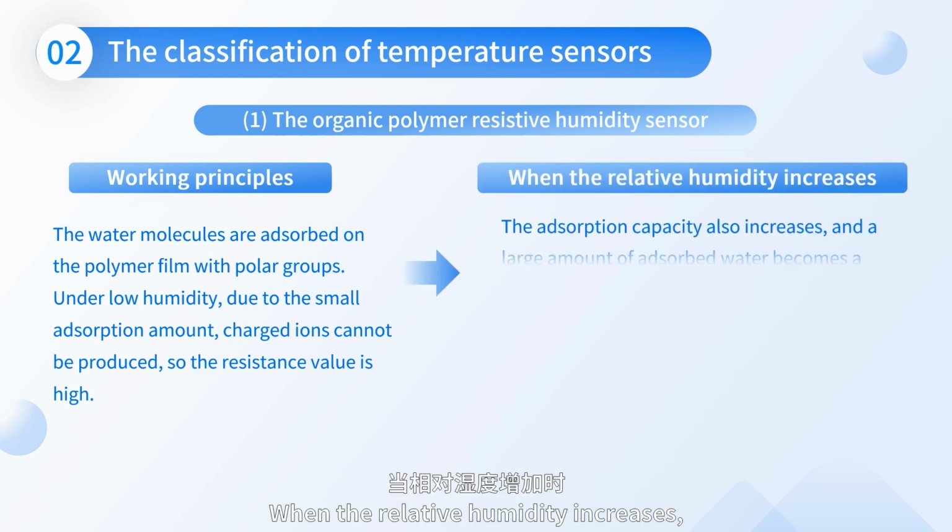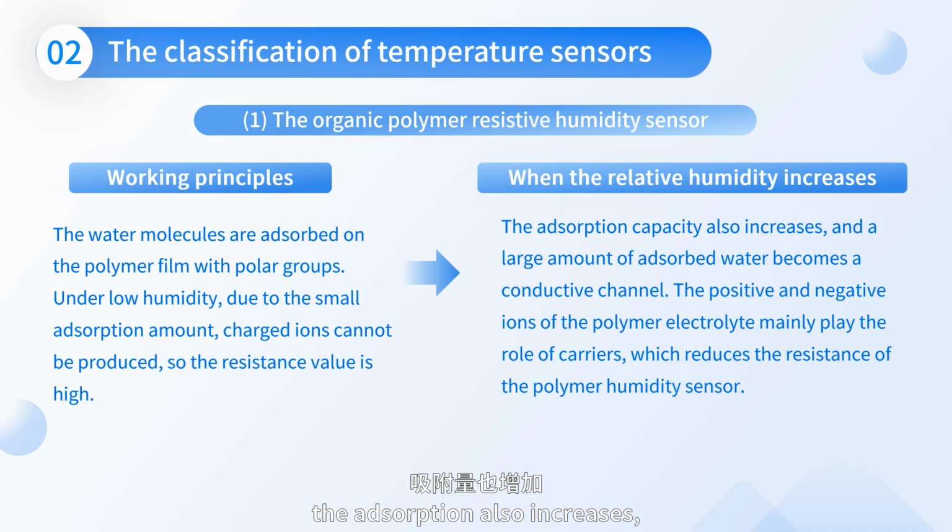When the relative humidity increases, the adsorption also increases, and a large amount of adsorbed water becomes a conductive channel. The positive and negative ions of the polymer electrolyte mainly play the role of carriers, which reduces the resistance of the polymer humidity sensor.